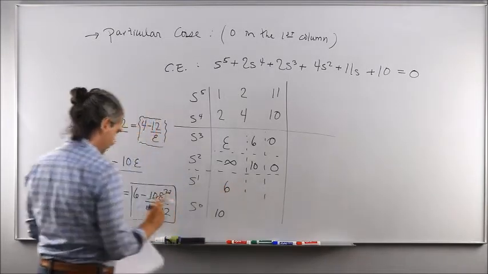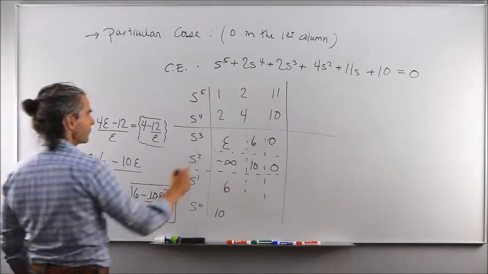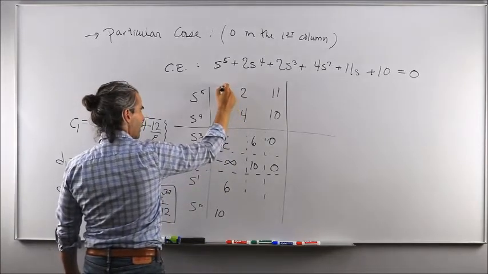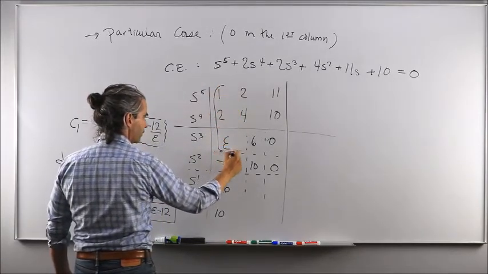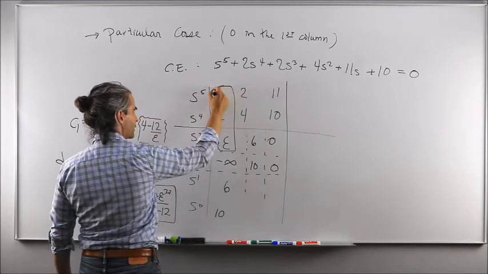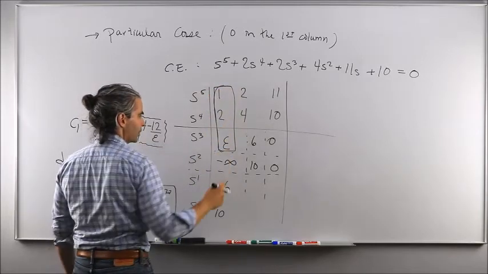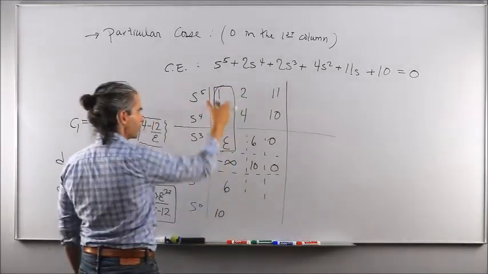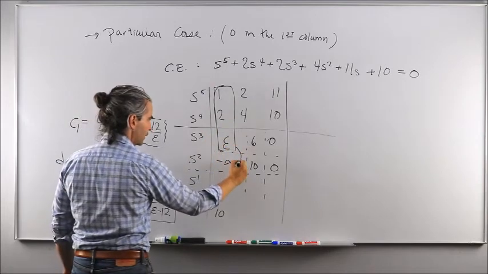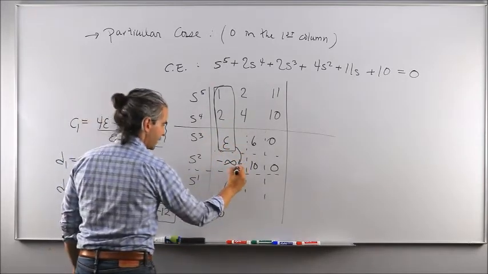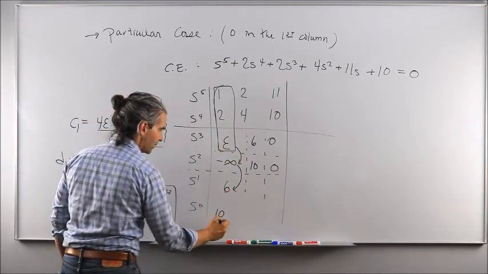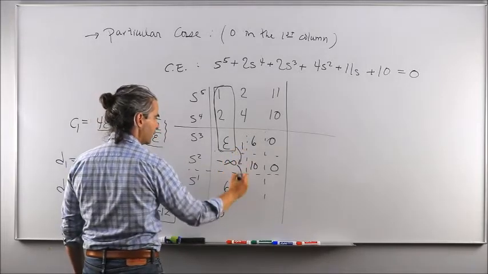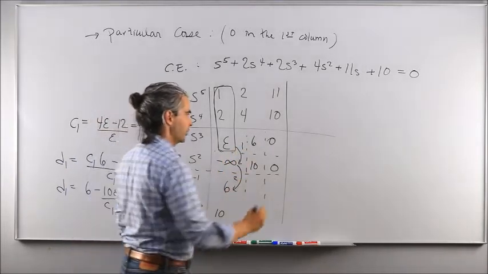Boom. And that tells me that I went from positive, because we consider that our epsilon was a positive scalar that was almost equal to 0, to negative, and then negative to positive, positive, positive. So we got actually 1 and 2 sign changes.